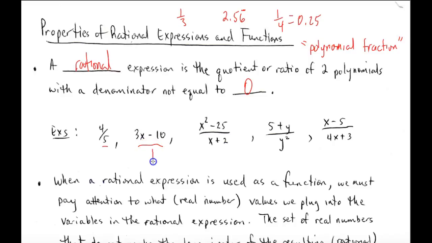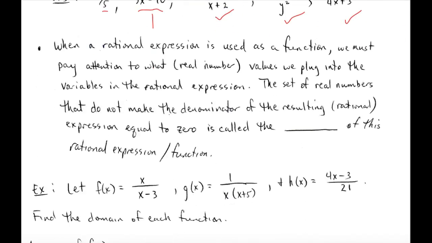And anything that we take and divide it by 1 can now be considered a rational expression. Okay? We also have these expressions here as well. So all these are considered to be rational expressions because you have a polynomial in the numerator, polynomial in the denominator. And of course, it's valid for all values of the variable where it doesn't make the denominator equal to 0. Okay? All right, so moving on.